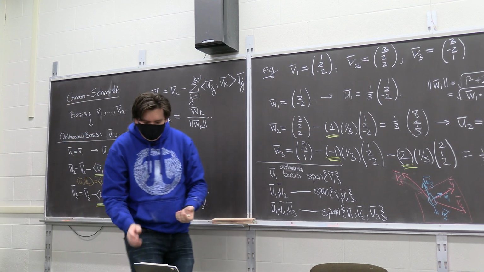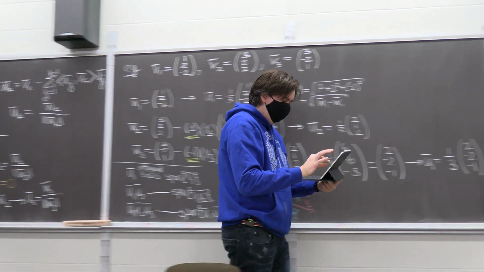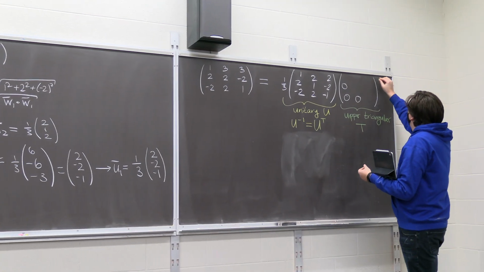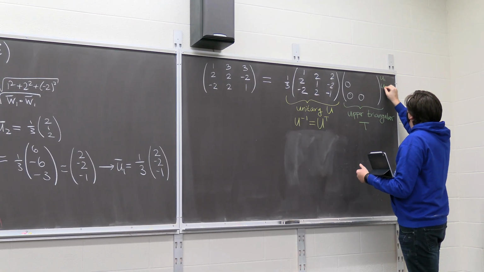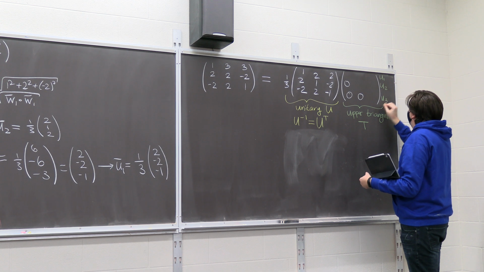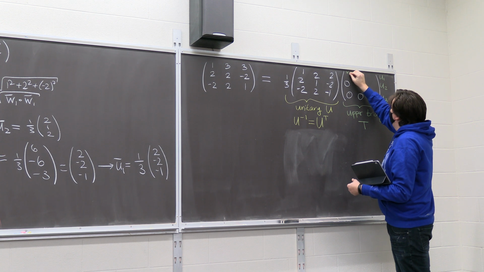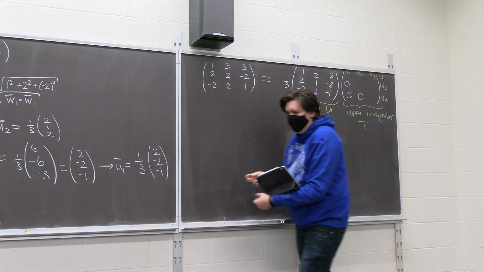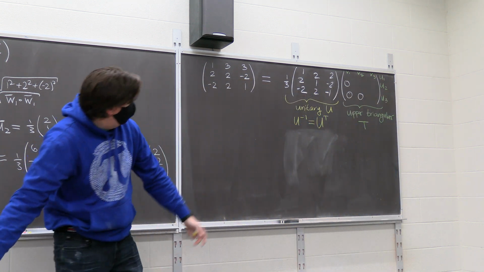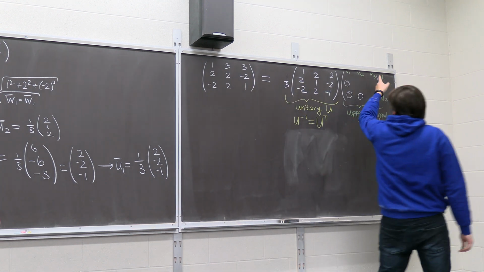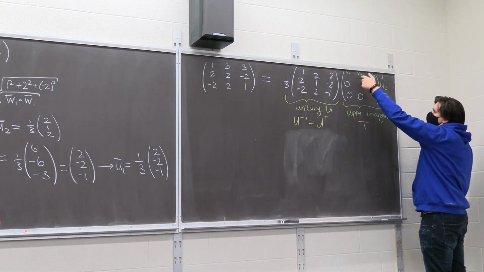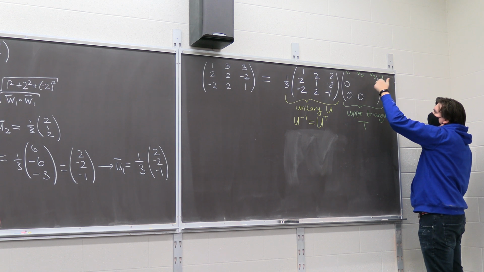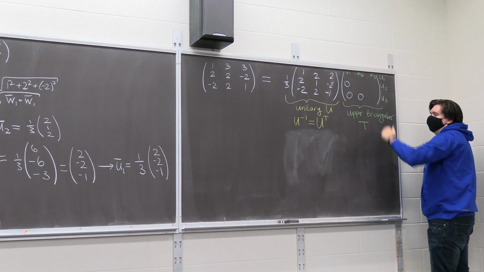In particular, you can think of it as a grid. u1, u2, u3, and up here I'll have v1, v2, v3. These entries will just come from doing u1.v1, u1.v2, u1.v3, u2.v2, u2.v3, and u3.v3.